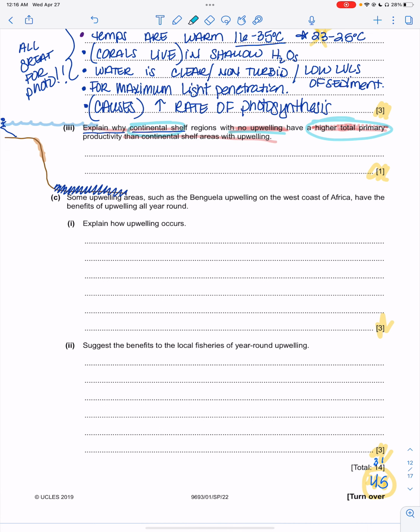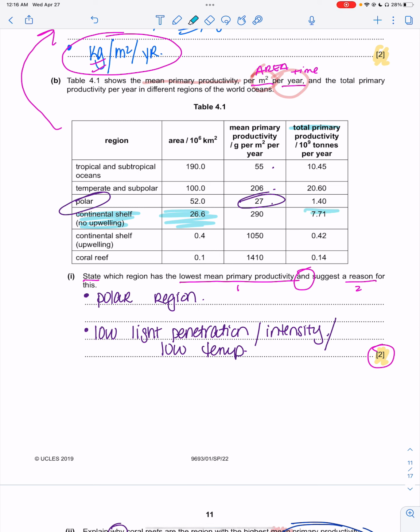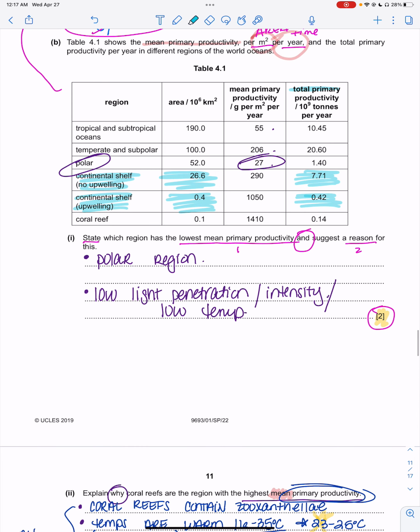Continental shelf, no upwelling. Continental shelf with upwelling. So even though on average, areas of upwelling, because when upwelling happens, it is such a significant event, there are huge plankton blooms and productivity is just run amok. I never say that.